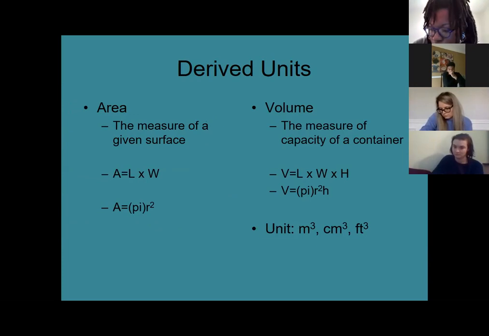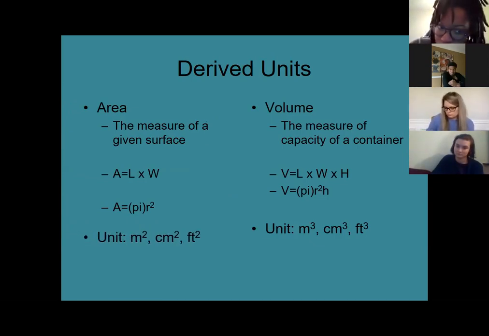And we know when we're talking about the area of a surface that it's calculated by either measuring the length times the width, if it is a square or a rectangular surface, or if it's a circular surface, area is equal to pi times the radius squared. So when we think about units associated with the derived quantity of area, area is calculated by multiplying a length times a width.